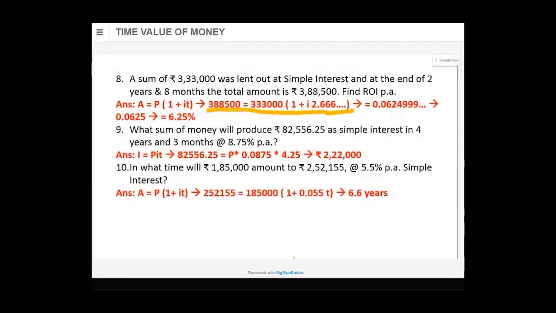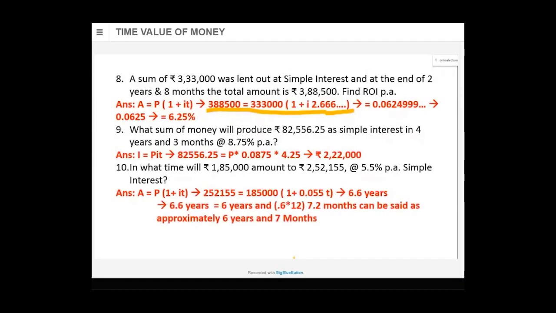Here, 6.6 years, I got that answer. 6.6 years is equal to 6 and 0.6 into 12, that is 7.2 months, can be said as approximately 6 years and 7 months.